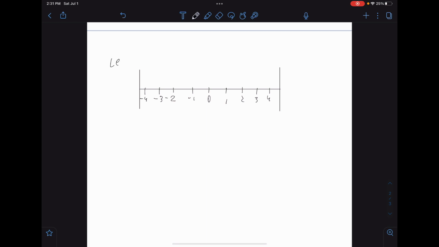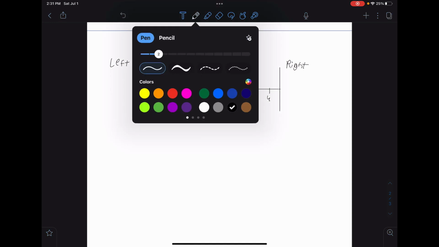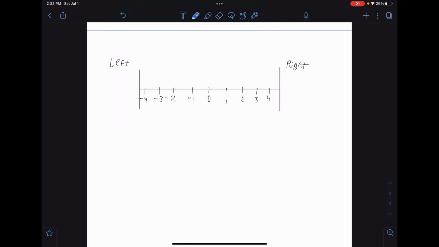So I'm going to call this the left side. And this is called the right side. And pretend we're a car. And you ask me how to get to the right side. And I'm in the center here. And I'm not really sure where to go.